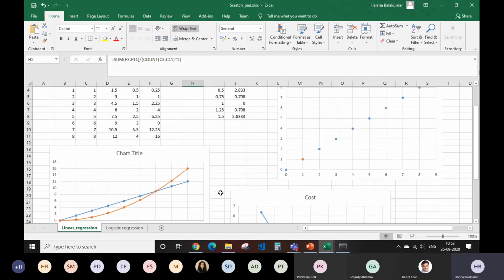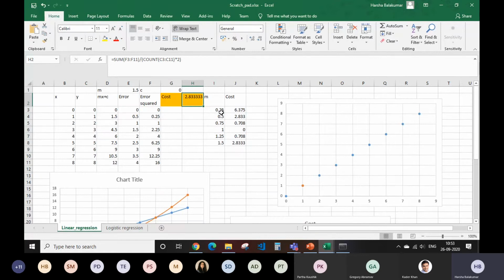So of all the m values, we know that the best fit will be m is equal to 1, with c assumed to be 0. So y is equal to x, and you get values which will match. This is what the algorithm does. We briefly saw the Python code for this, and how we use various Python libraries to get the line of best fit. Any questions, any doubts you have in this, please let me know.